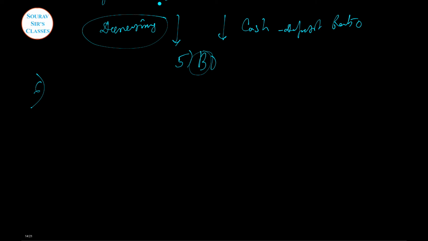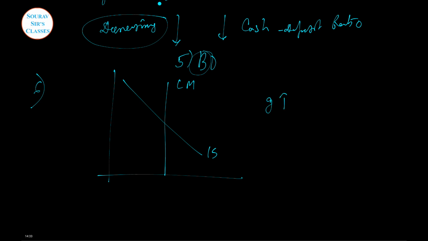If the IS curve is downward sloping, okay, this is our IS curve and that's downward sloping, and the LM curve is vertical. So this is the thing they have said. LM curve is vertical, and a unit increase in the government expenditure. So what is increasing? This by 1 unit. A unit increase in the government expenditure results in what? So that's the question.